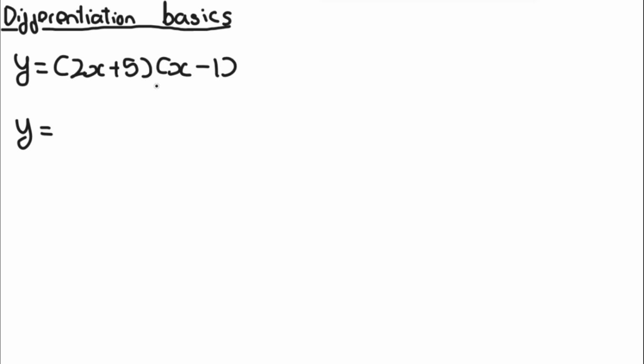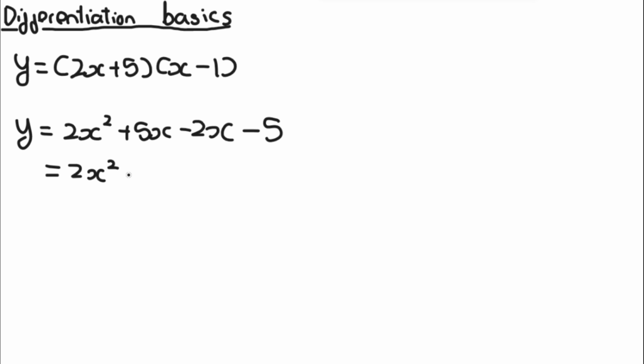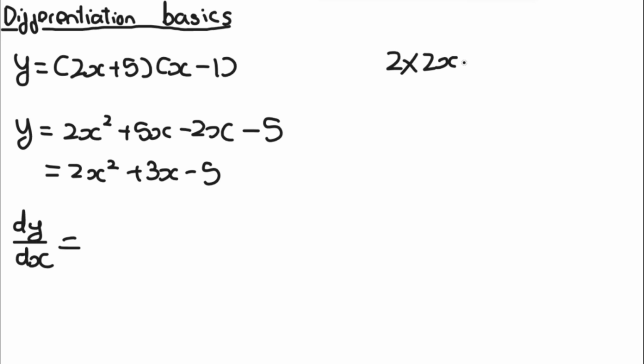So y is equal to 2x times x is 2x squared, and then 5 times x is plus 5x, minus 1 times 2x is minus 2x, and then 5 times minus 1 is minus 5, and you can simplify this to 2x squared plus 3x minus 5, and therefore dy over dx is equal to, we differentiate these terms individually, so 2x squared is going to be 2 times 2 is 4x, and then this is just going to be 3, and therefore the minus 5 disappears.